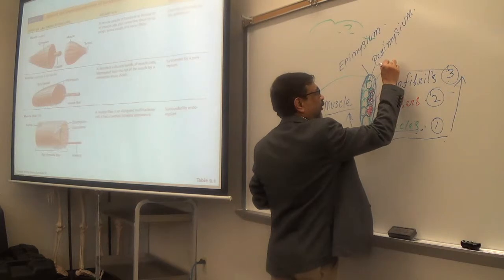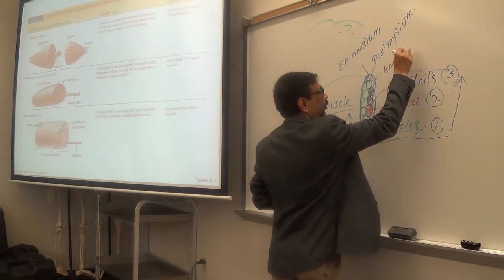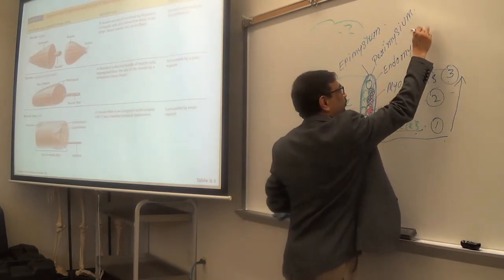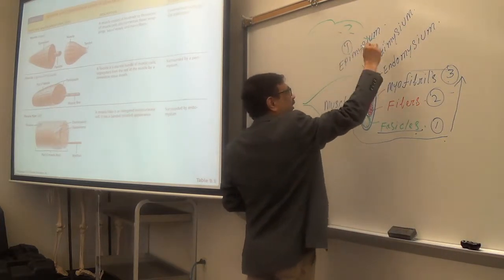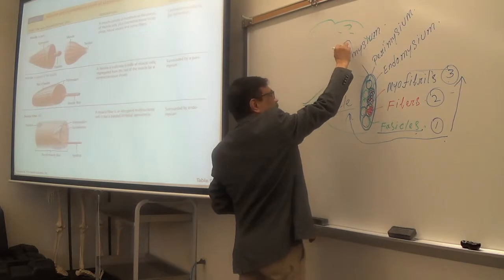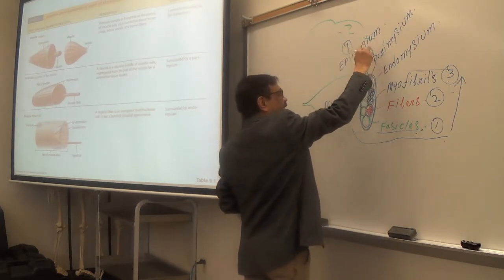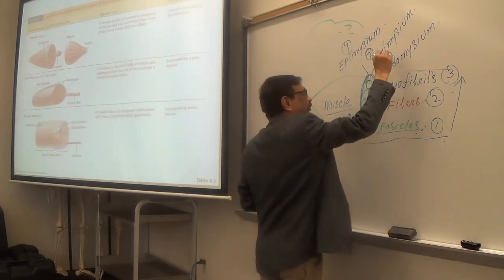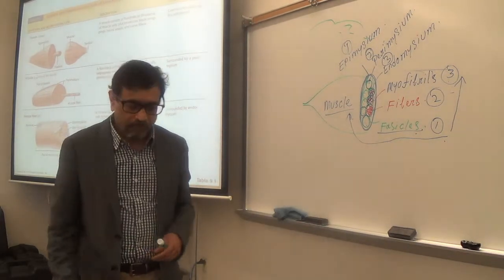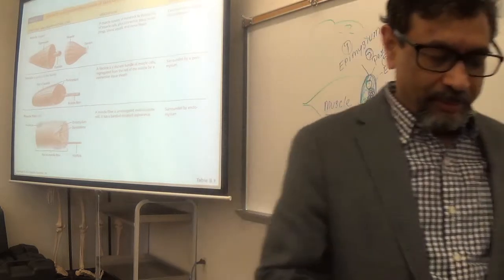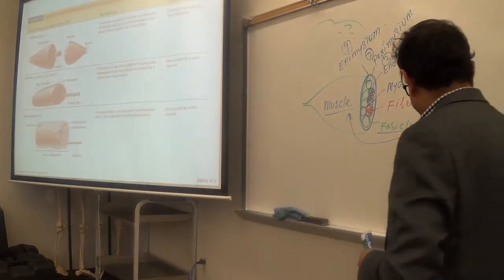So epimysium, whole muscle; perimysium, fascicle; endomysium, muscle fiber, from large to small.